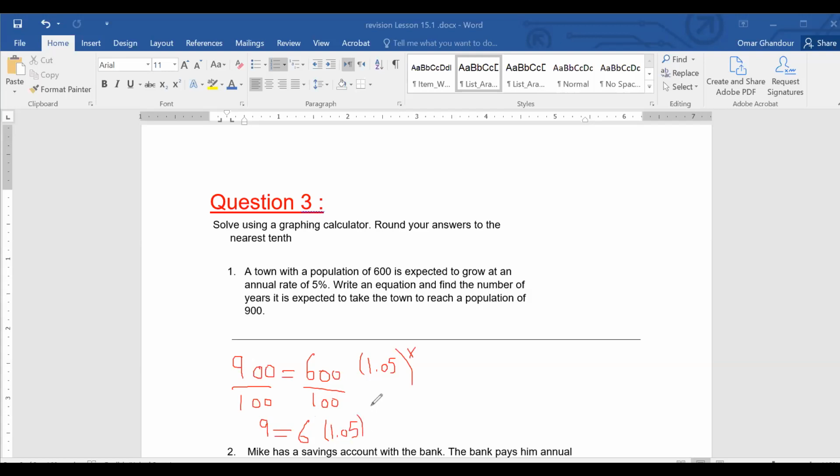I just removed the zeros. Anything you do on the left hand side, you have to do on the right hand side. So now this is my equation, and it will be much easier to graph.